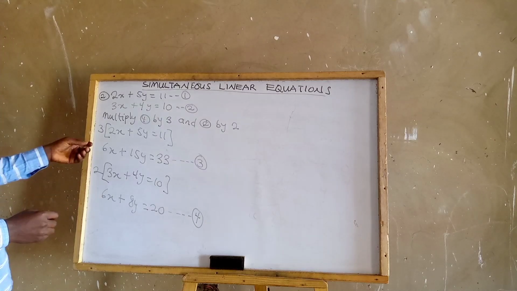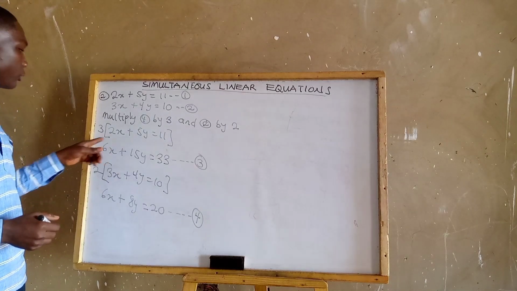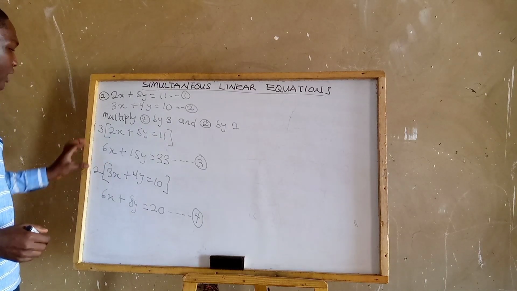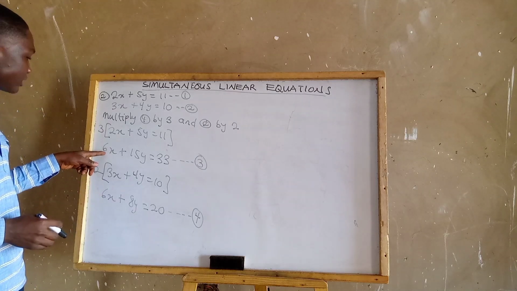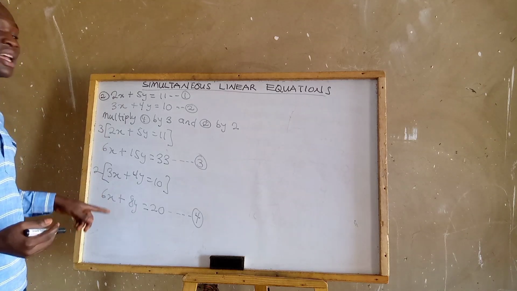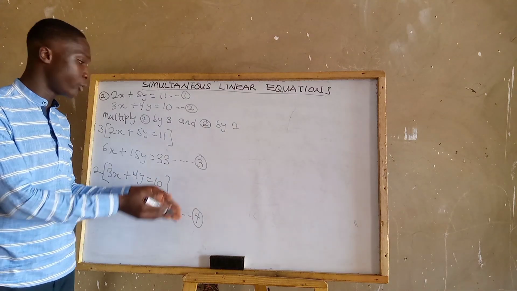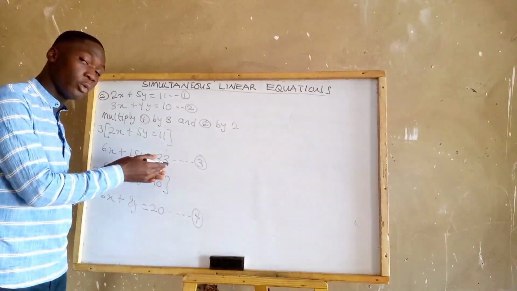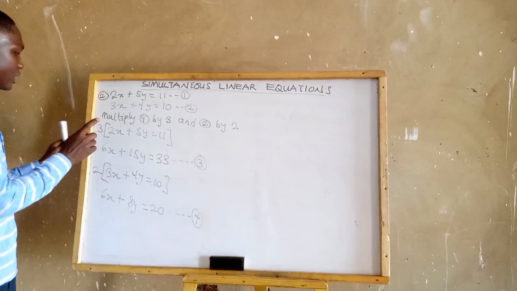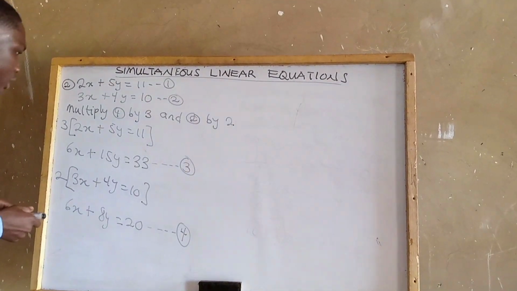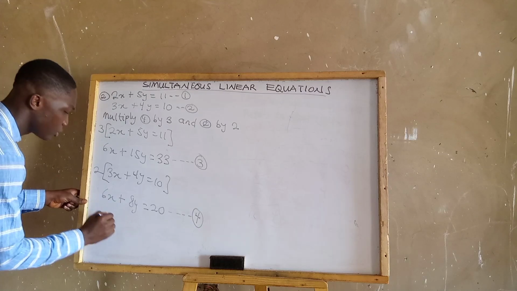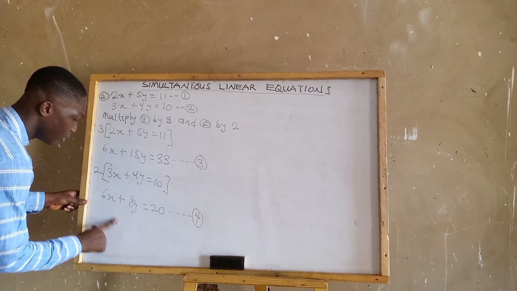Now you have two new equations, equation 3 and equation 4, and the coefficient of x is the same in both: 6 and 6. So you can subtract equation 4 from equation 3, or equation 3 from equation 4, to eliminate x. Let's subtract equation 4 from equation 3.